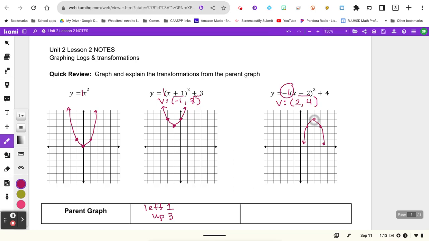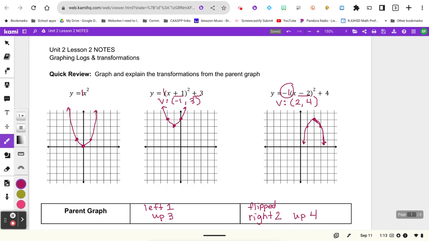We'll go like that. So this one has flipped. It is moved to the right 2 and up 4.